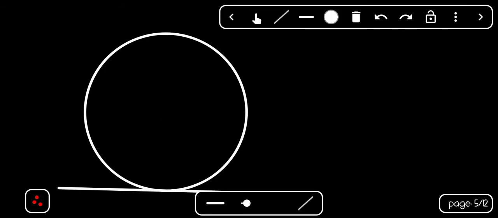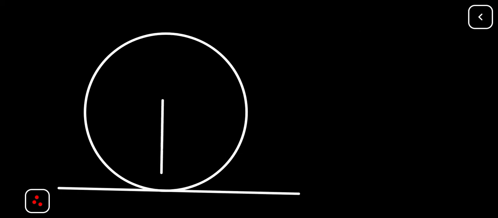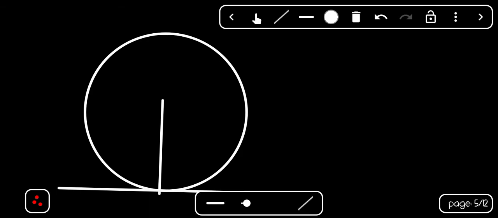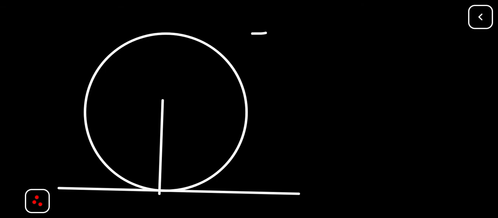Now if you have a radius drawn from the center of the circle, meeting the circumference and touching the tangent, let me draw that well, and touching the tangent, well, we say that the tangent is perpendicular to the radius at the point of contact. So that would be, let's call that theorem 6.